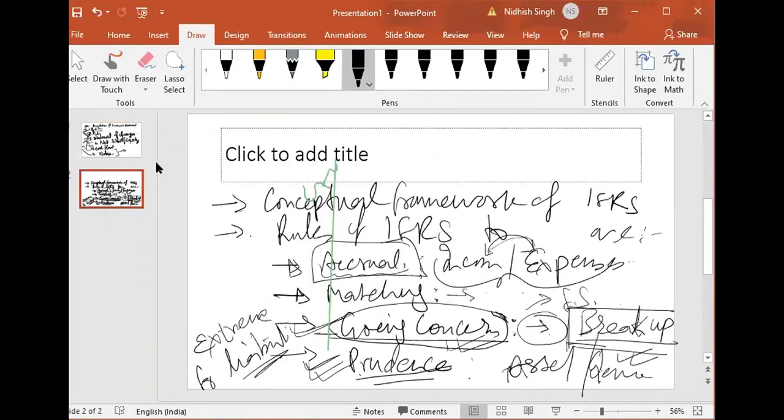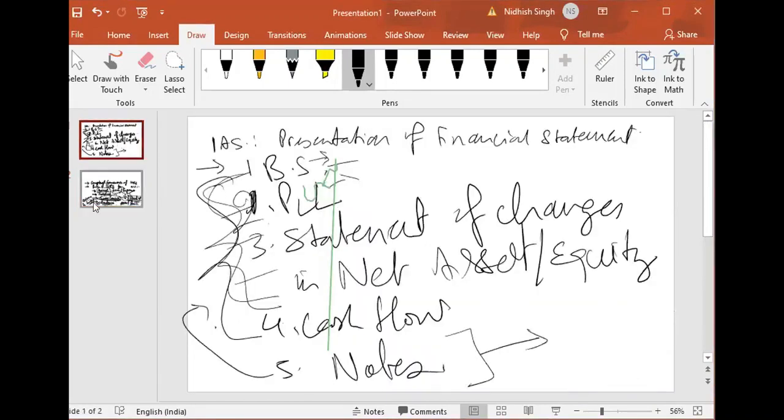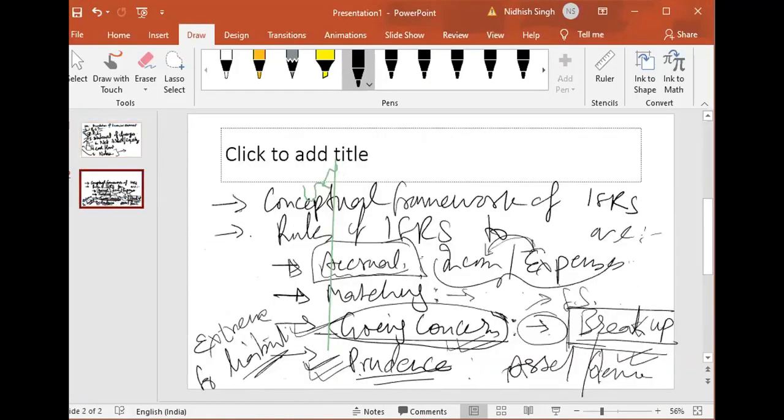So prudence is another fundamental idea of IAS 1. It talks about the 4 primary statements, how to organize that, what to classify, and how to prepare these numbers. So let's cover a couple of other key concepts.